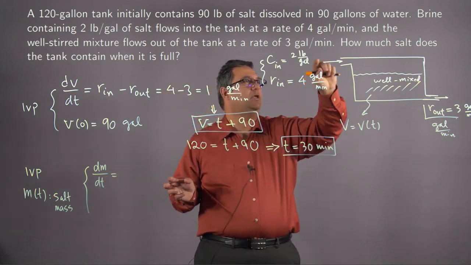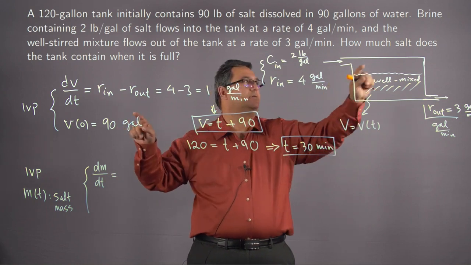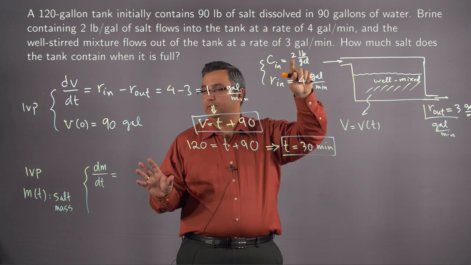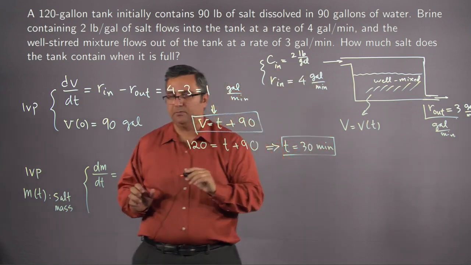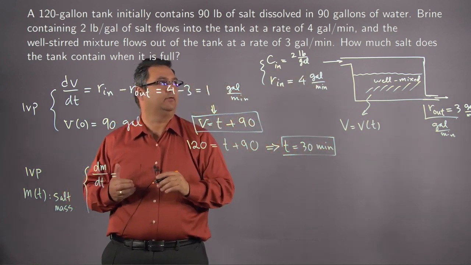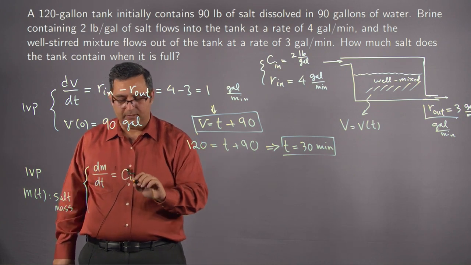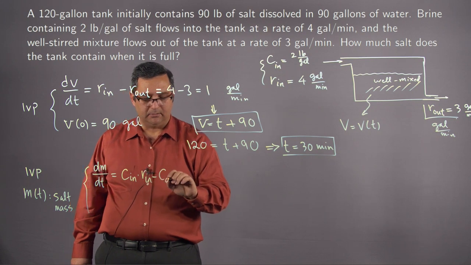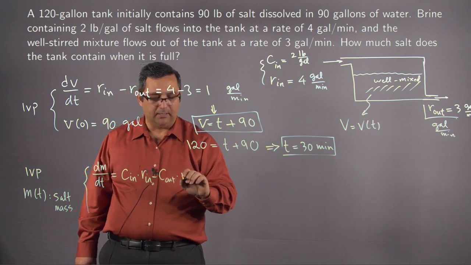So it's going to be the input rate minus the output rate. But this time, by rate, I mean the rate of the salt mass, which is obtained by multiplying the concentration by the flow rate. So we have C in times R in minus C out times R out.